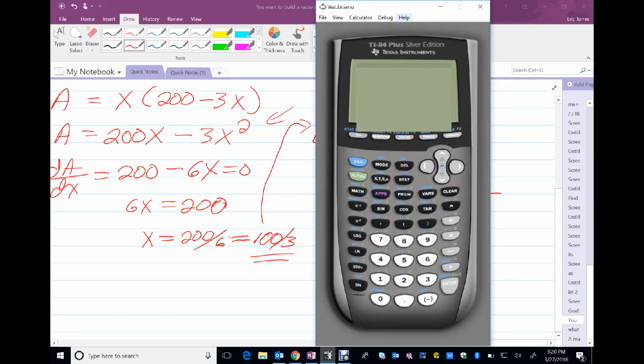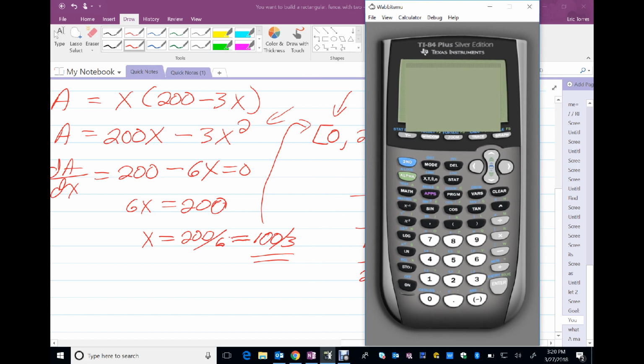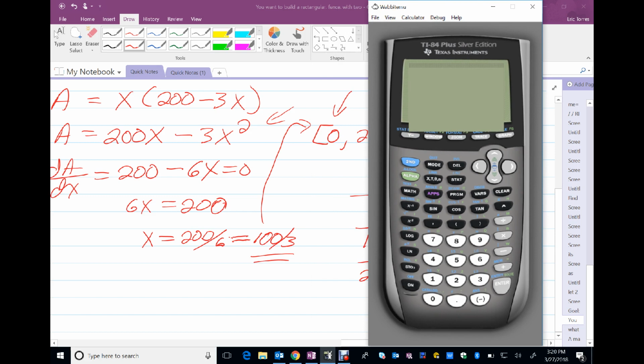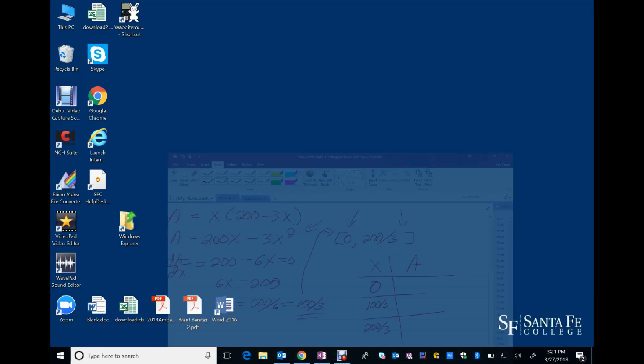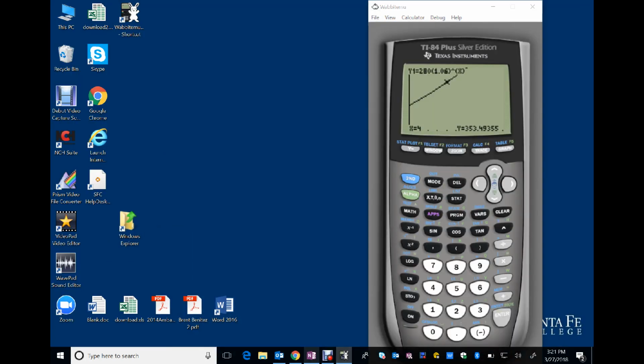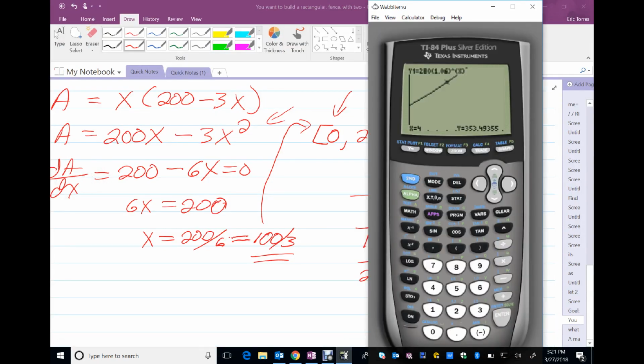Using my graphing calculator, if you would like to. And I'm going to turn it on. Let me turn it off and then turn it back on. Sometimes it gets a little glitchy. So, for area, I'm going to first store 0 as x, and my area is 200x minus 3x squared.